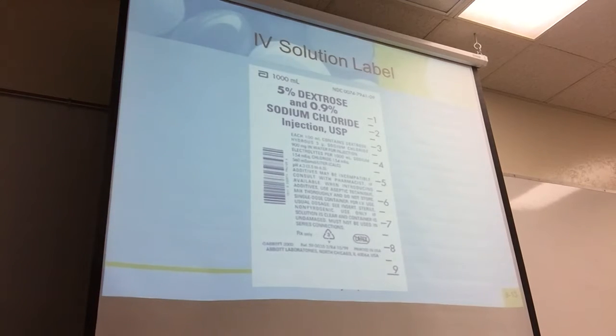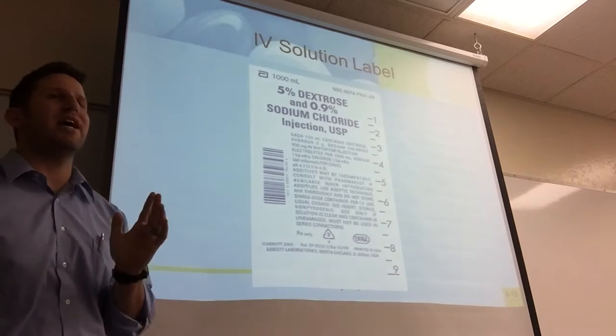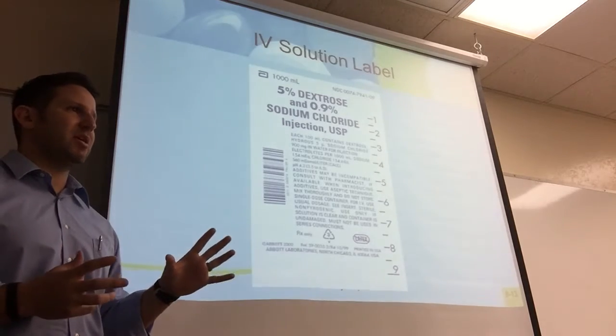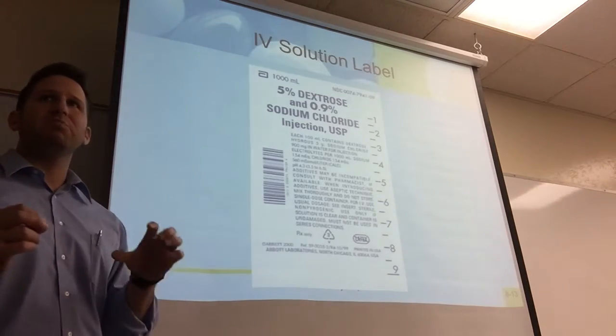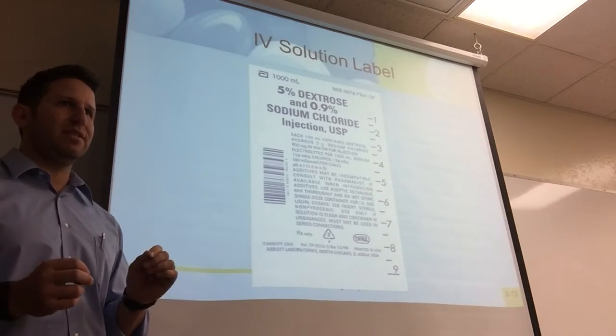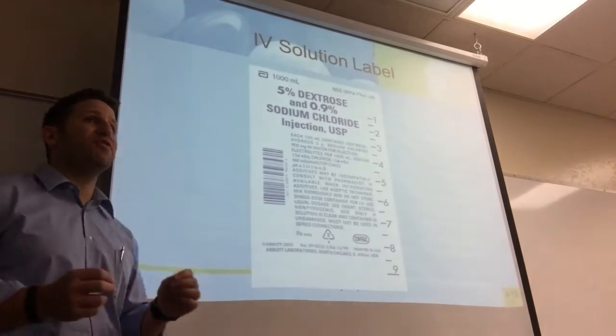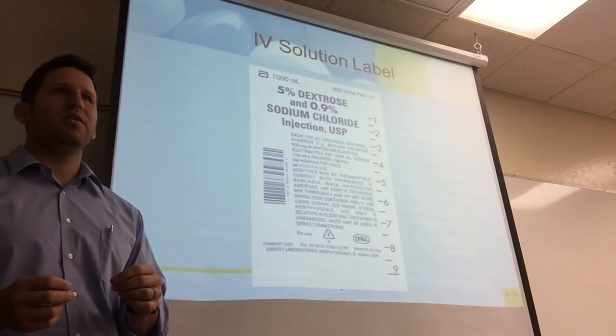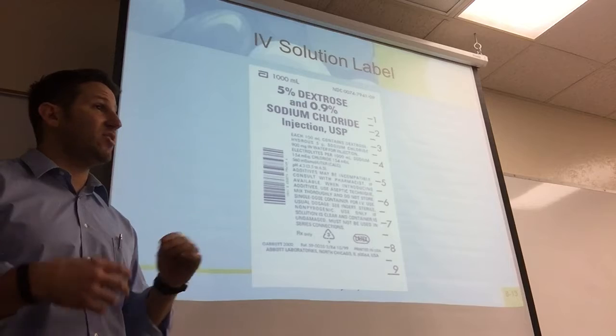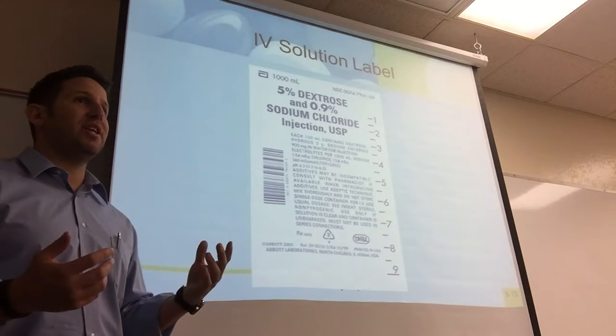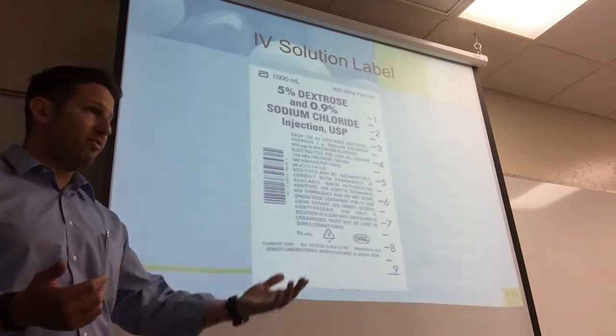So here's what a label will look like. 5% dextrose and 0.9% sodium chloride, or D5NS. Because 0.9, remember this? I had a problem with this last semester. 0.9% is normal saline. If I have half normal saline, because I don't have to give you the percent, I can tell you half normal saline, how much percent is that? 0.45, right?